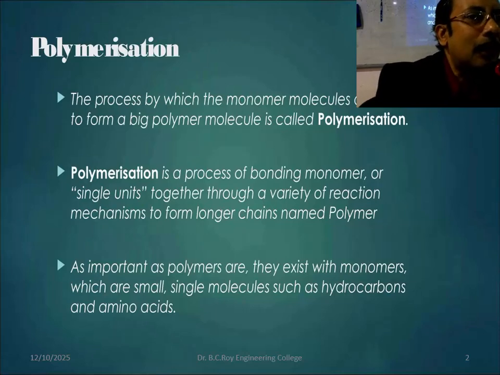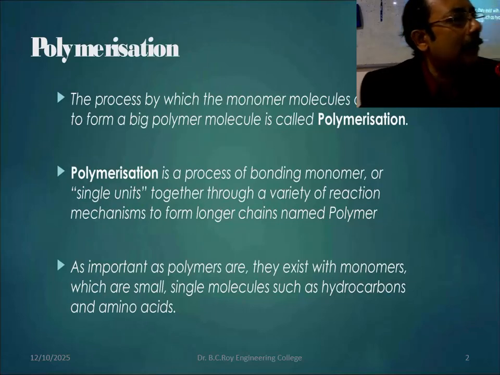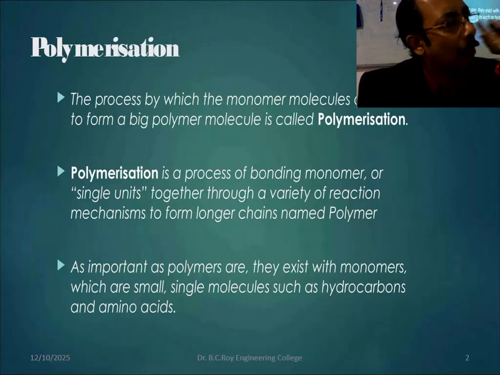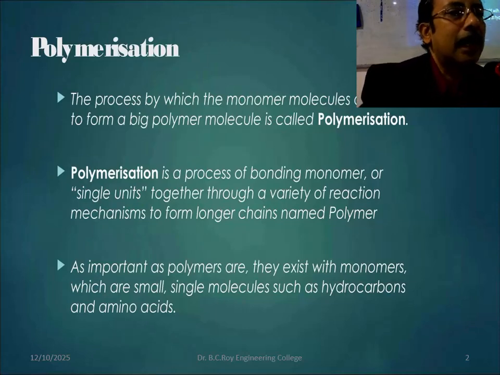So low density polyethylene, LDP; high density polyethylene, HDP. And what is the application? Small things like tumbler, mug, jar, bucket are made of low density polyethylene. High density polyethylene is usually for laboratory containers and big containers.